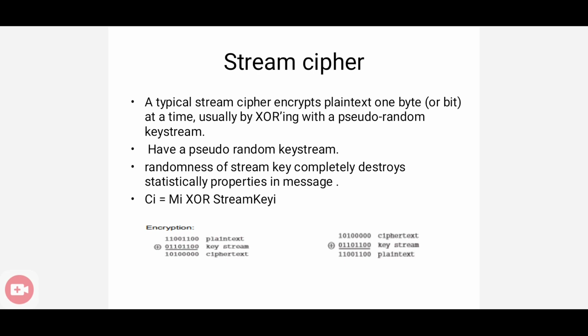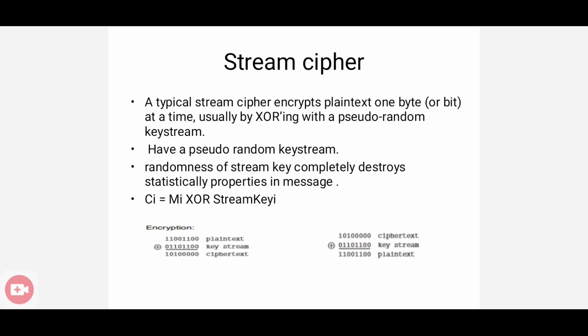You can see in the figure there is a plain text 11001100. We have a key stream 0110110. What operation are we doing here? It is the XOR operation for encrypting. By performing the XOR operation, we get an output that is the cipher text.